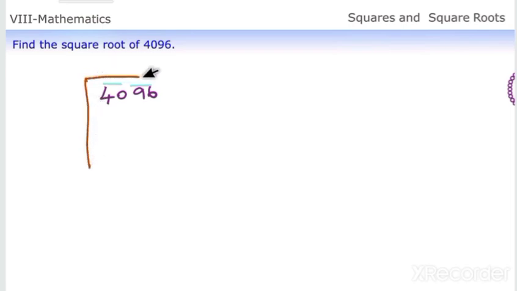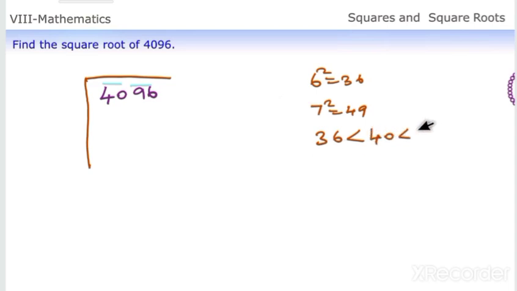Now you have to move from left to right. In the extreme left we have the pair of digits 40. We have to find a number whose square is nearest to 40, not more than 40. We see that 6 square is 36 and 7 square is 49. So 40 is between 6 square and 7 square.